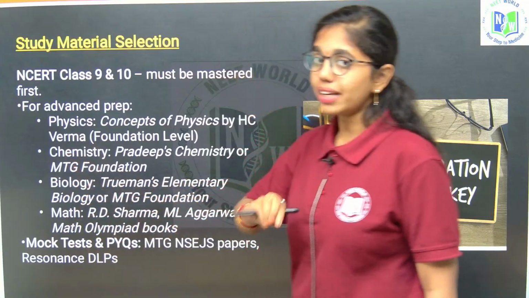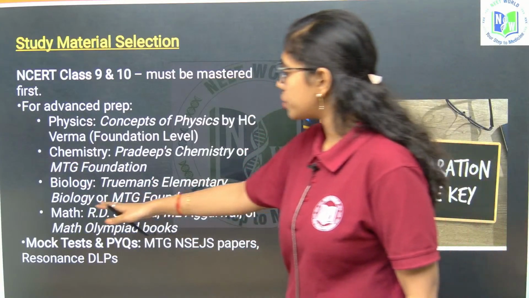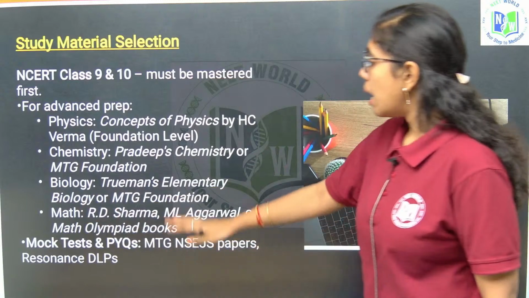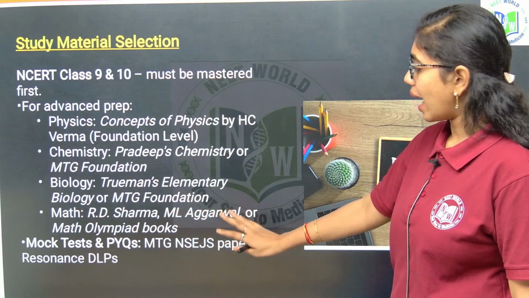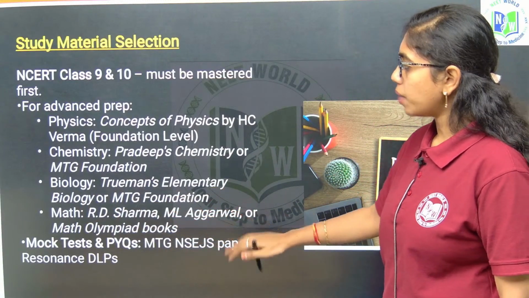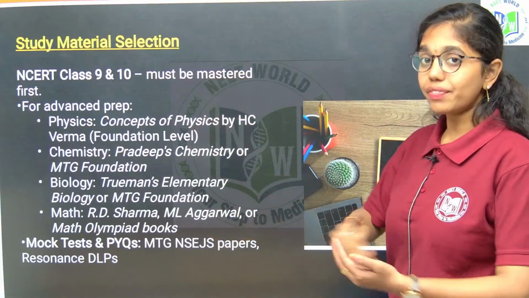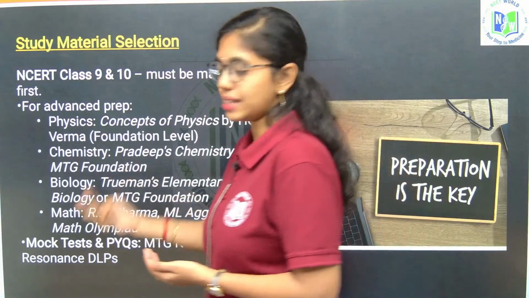For biology it will definitely be Trueman's Elementary Biology or MTG Foundation, and for maths R.D. Sharma or Agarwal, and maths Olympiad books. These are the books that we have to refer to additionally with NCERT.